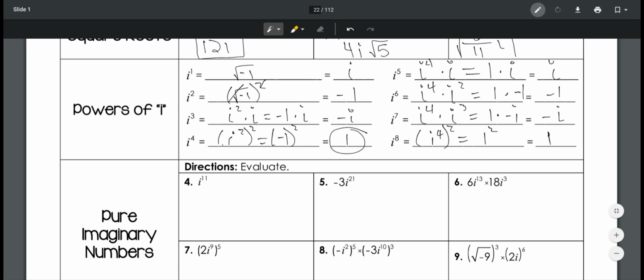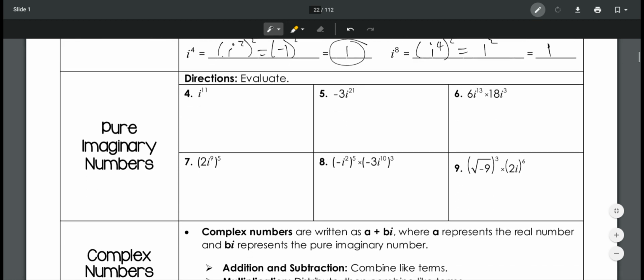Notice the pattern. For every odd power of i, you end up with either i or -i, and it's an alternating pattern. And if you notice, the even powers of i are alternating ones and negative ones. So keep that in mind.